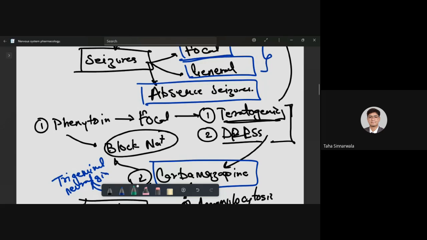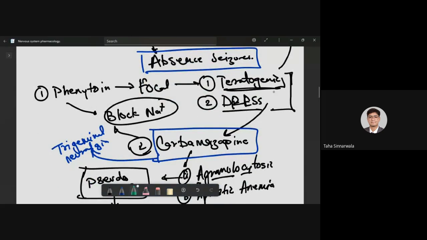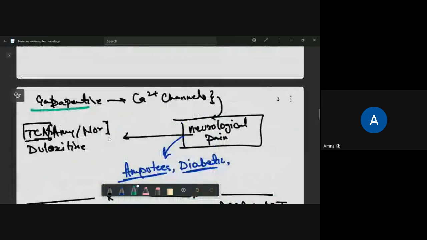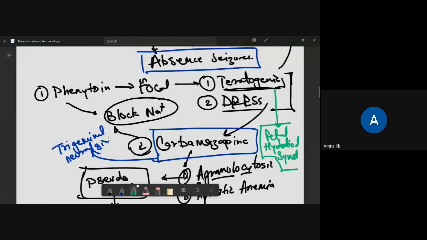That's actually good. I will write this down. Yes, thank you. Doctor, it presents with the cleft palate and also some other abnormalities.